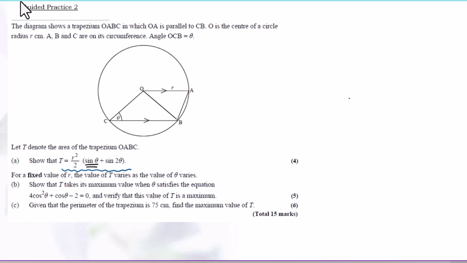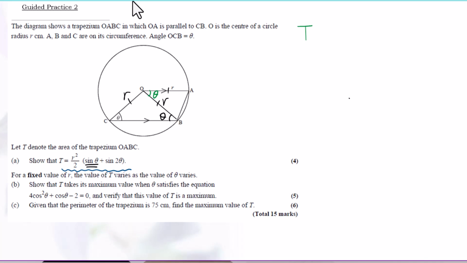Triangle OCB is an isosceles triangle. This is theta. Since angle AOB and OBC are alternate exterior angles, this is theta.